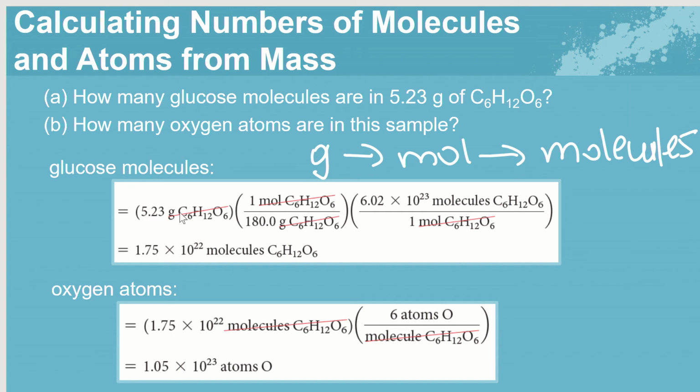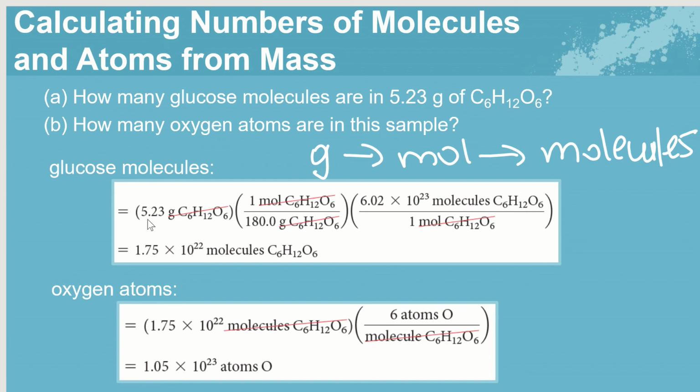Our given unit is grams and it's in the denominator of our conversion factor. For the second conversion factor, we're going from moles to molecules. Our calculated unit from the previous step is moles, and we're trying to get rid of it, so it's in the denominator, and the unit that we desire is in the numerator.